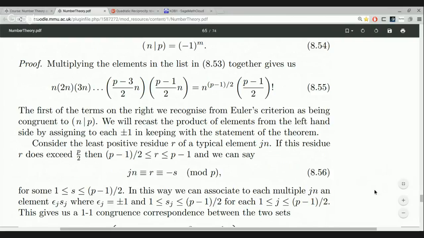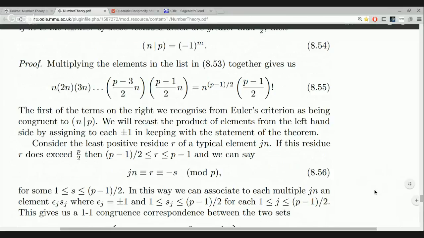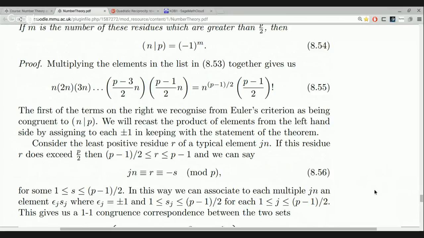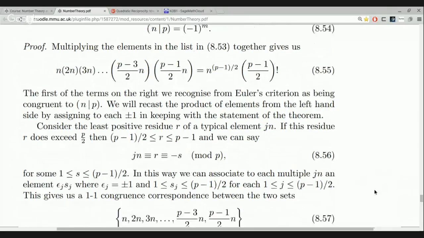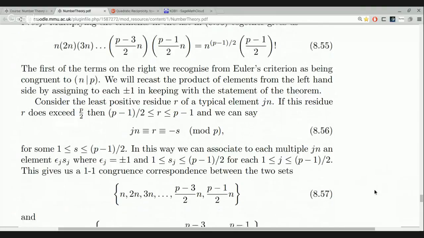Okay, now we've got some complicated representation going on and switching between representations, so we need some nice notation just to clearly indicate this without any vagueness. So in this way, we're going to associate to each multiple j times n an element epsilon j sj. Okay. So each of these j times n's gets represented as epsilon j sj.